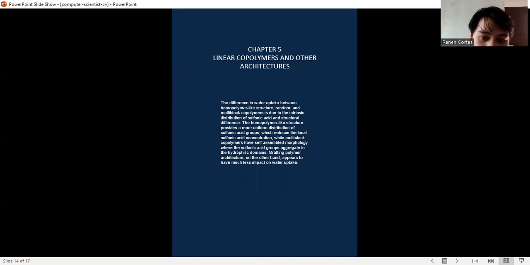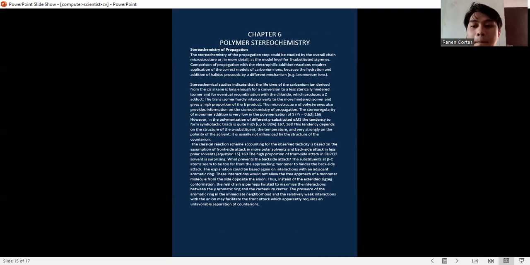The homopolymer-like structure provides a more uniform distribution of sulfonic acid groups, which reduces the local sulfonic acid concentration, while multi-block copolymers have self-assembled morphology, where the sulfonic acid groups aggregate in the hydrophilic domains. Grafting polymer architecture, on the other hand, appears to have much less impact on water uptake.